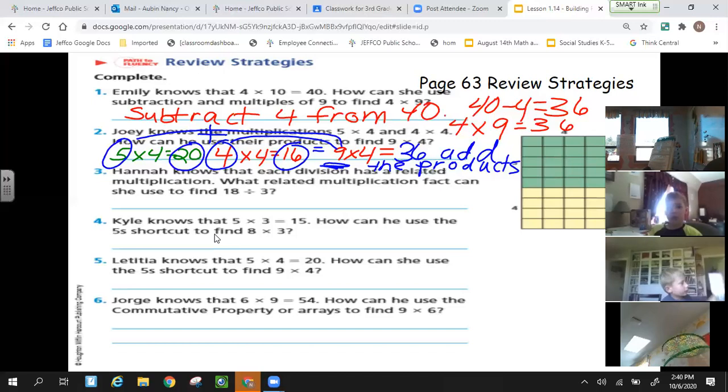Here, you have the multiplication table. You can't count by 3s. But I bet you could count by 3s if you tried. You got to try. All right.